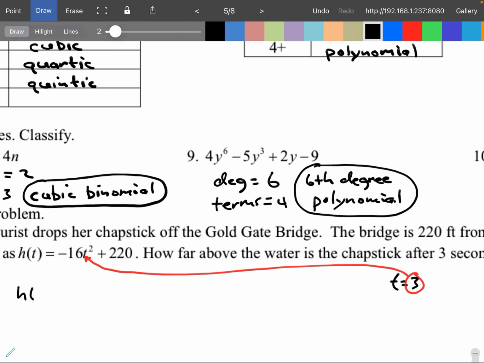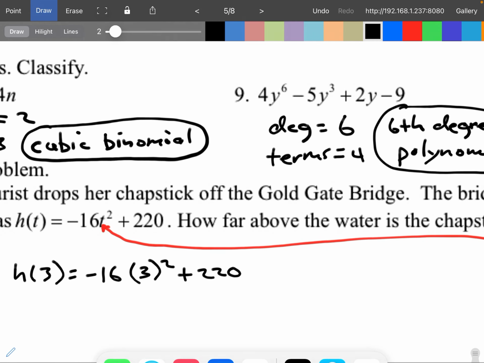So that's just going to give us a height function that looks like this. The height after 3 seconds is going to equal negative 16 times 3 squared plus 220. Now, what do we do? Do we do the exponent first, or do we do the negative 16 times 3?